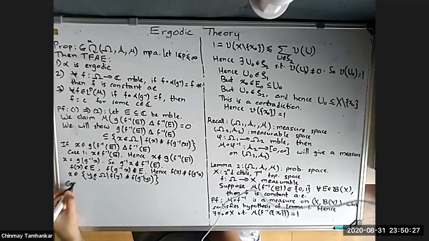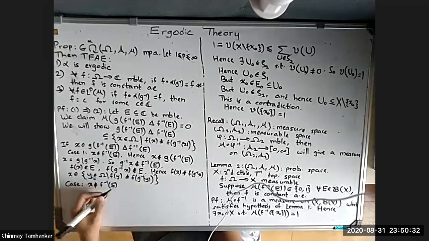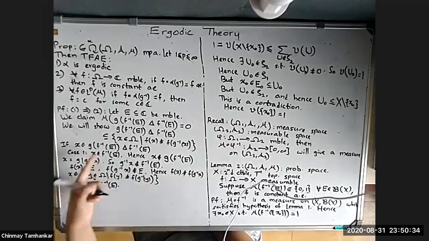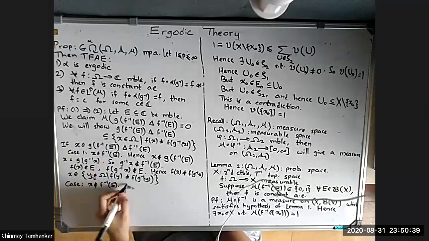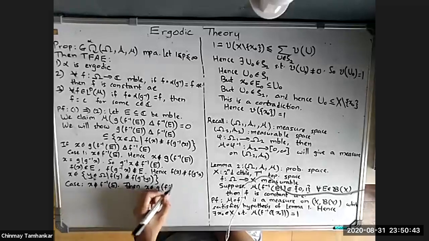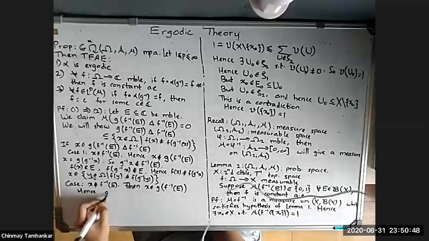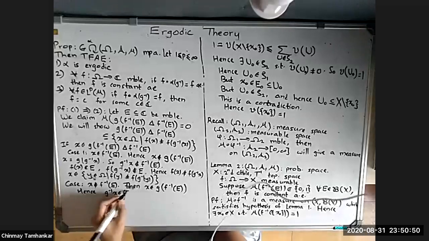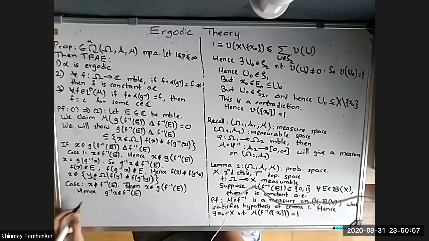Similarly, if we assume x is not in f inverse E, since x is in the symmetric difference, we get x is in G of f inverse E. Hence, again, G inverse x is in f inverse E. So f of x is not in E, but f of G inverse x is in E. So f of x cannot be equal to f of G inverse x.